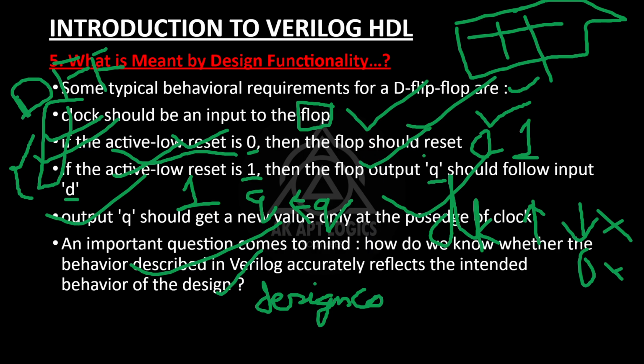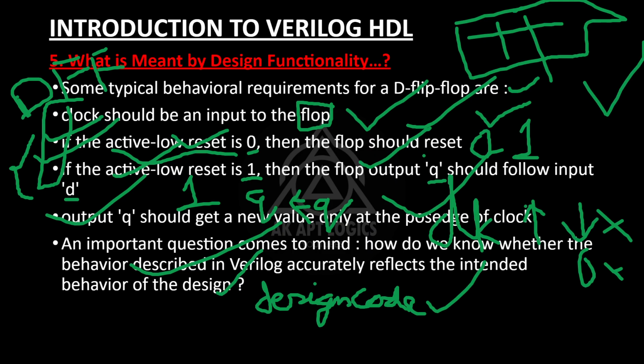After writing the design code, you must test it. To test the design code, you have to apply the inputs and observe the output values, to see whether you are getting the perfect outputs or not. It means you have to check the functionality against the truth table.